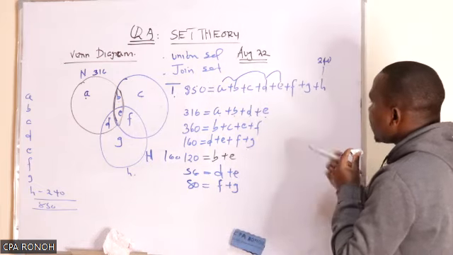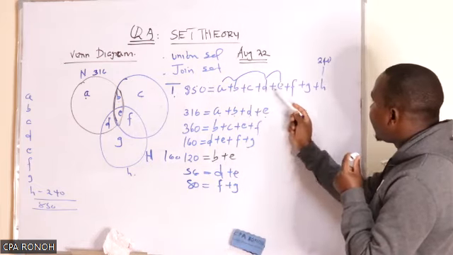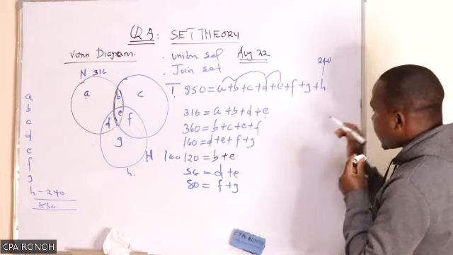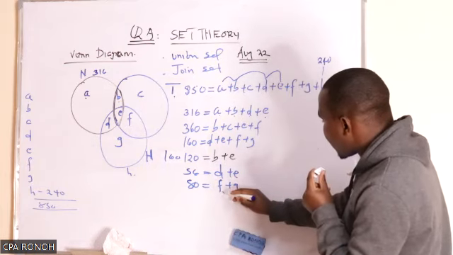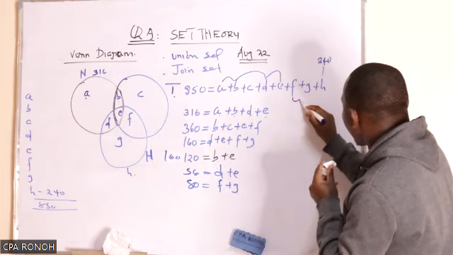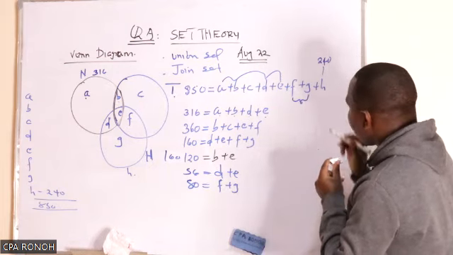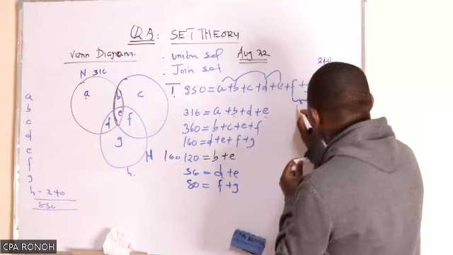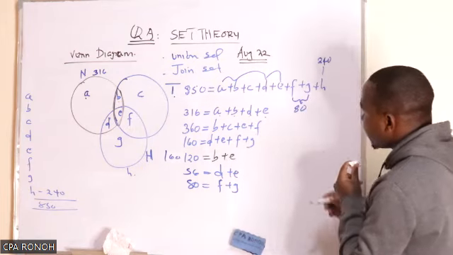A, B, D, E. We are remaining with C. And also, if you look down here, we have FG, and FG is 80.